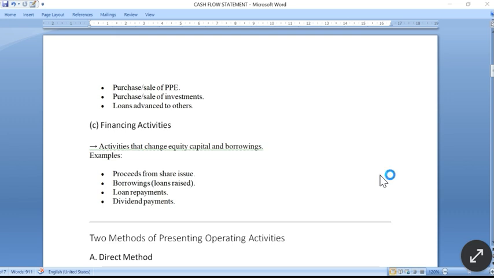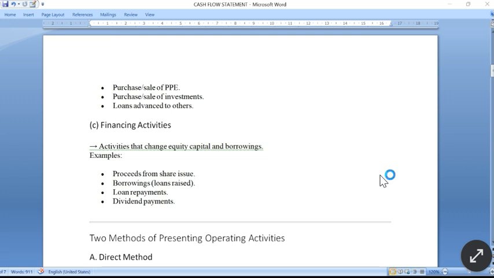If you acquire or dispose any investment, you also treat it under investing activity. While the operating activity is basically talking about what exactly transpires with your cash generating activities in terms of your operations, as it were, what you are trading in. Those are things that you consider under the operating activity.